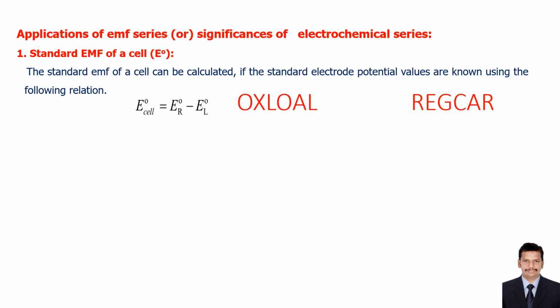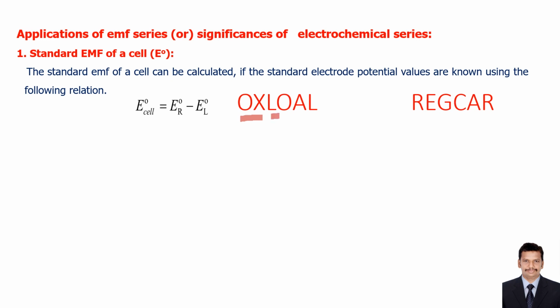What are these two words? OIL and RIG. What do you mean by OIL and RIG? It can be a remembering word for the fundamentals of electrochemistry. The first two letters, OX, stand for oxidation.